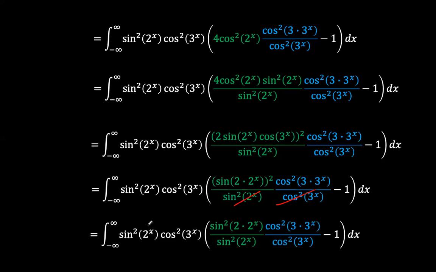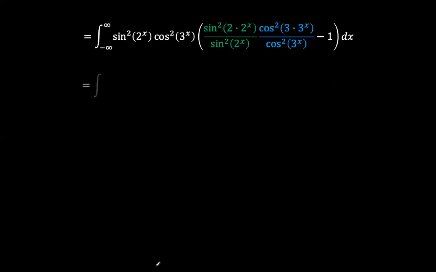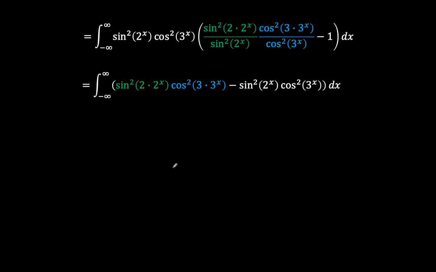So now we have the integral from x equals negative infinity to positive infinity of sine squared 2 times 2 to the power x, times cosine squared 3 times 3 to the power x, minus, because we have this 1 here, this entire thing remains: minus sine squared 2 to the power x times cosine squared 3 to the power x.